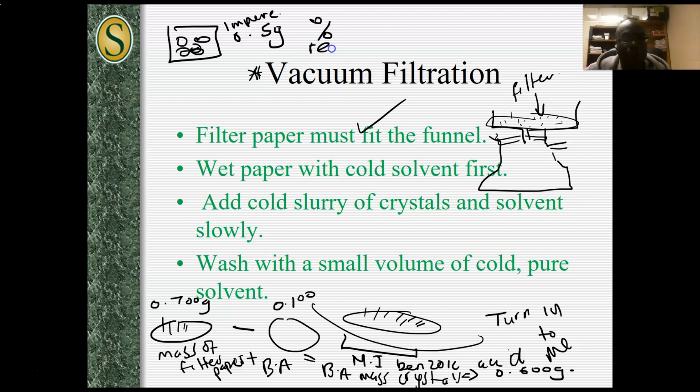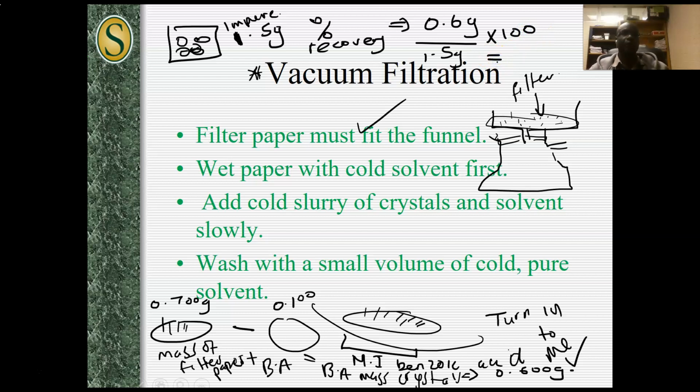If you want to calculate the percentage recovery, which will go into your notebook calculation part, you'll take your 0.6 grams, divide by the 1.5 grams that you started with, times 100. Do the math. Let me see what the answer will be.